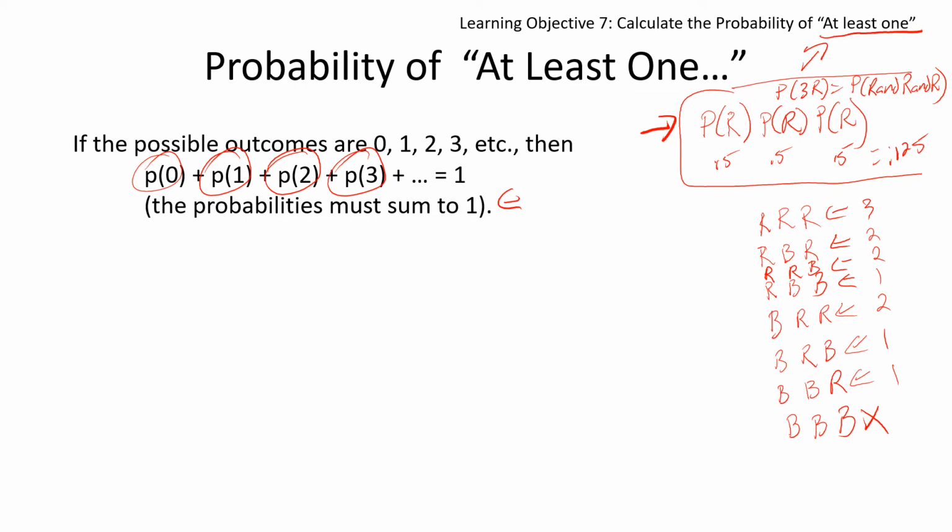If we had 4 draws, it'd be the probability of getting 4 red cards. If it was 5 draws, the probability of getting 5 red cards. However many draws we have, those are the probabilities we're looking at. In this case, we're getting at least 1 red card. So it's important to note that if you add all of those probabilities together, you get 1.